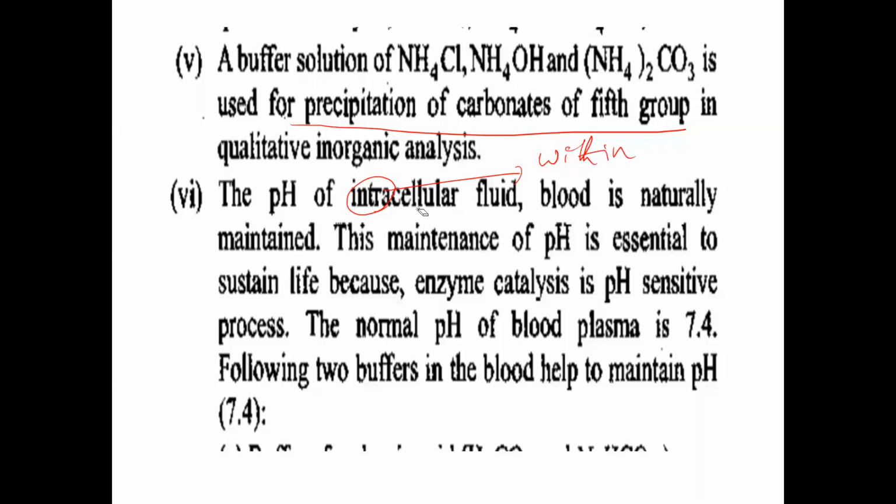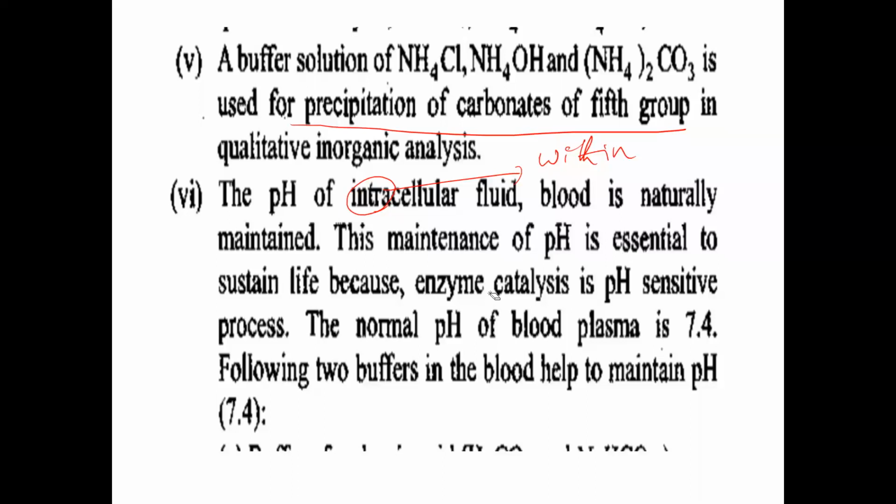So the pH of intracellular fluids and blood is naturally maintained. This maintenance of pH is essential to sustain what? Life. The maintenance of constant pH value is very important to sustain life.